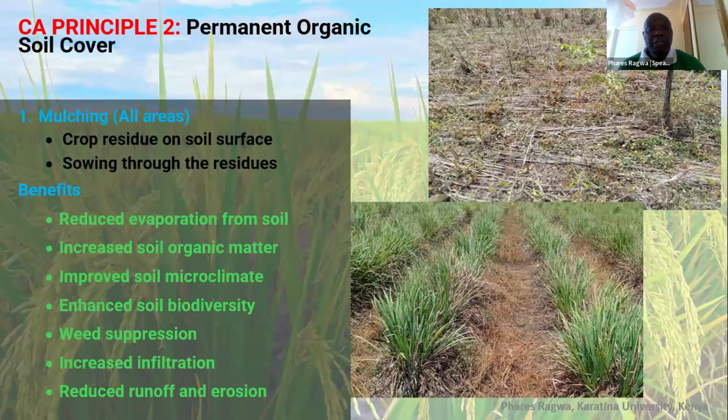Then we go to principle number 2, which is maintaining a permanent organic soil cover. And emphatically here, we are talking about organic soil cover, and we have various types of organic cover. The most common that we can do is mulching, which we can achieve by retaining crop residue on the surface.